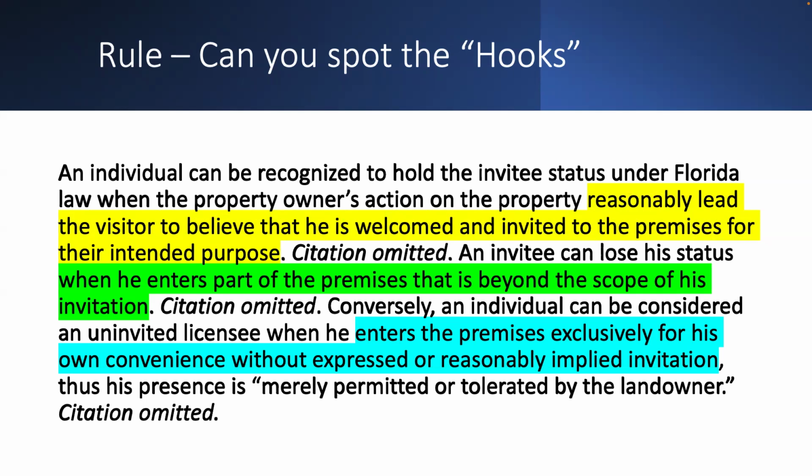So those are the three things that I think need hooks out of this rule. And if that's so, then the first hook concept would be what it means to reasonably lead a visitor to believe that they are welcomed and invited for an intended purpose. So what is an intended purpose? What causes somebody to reasonably believe something, etc.